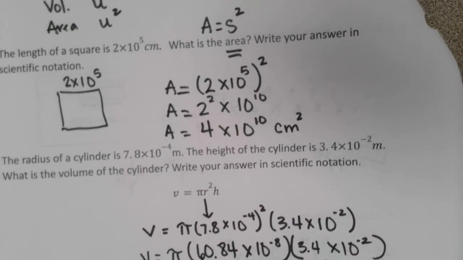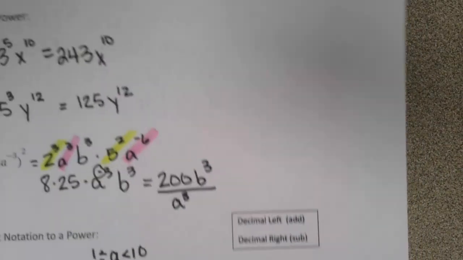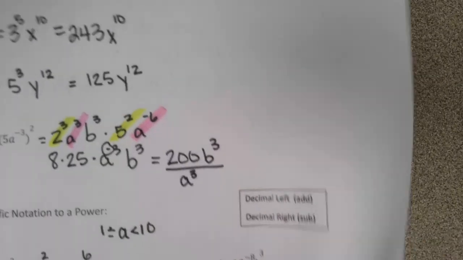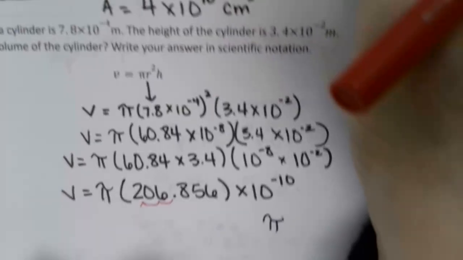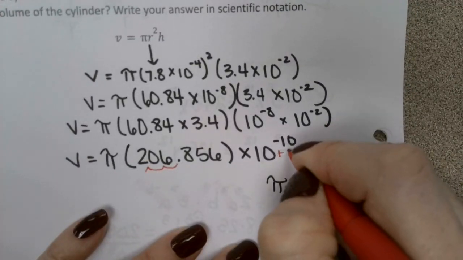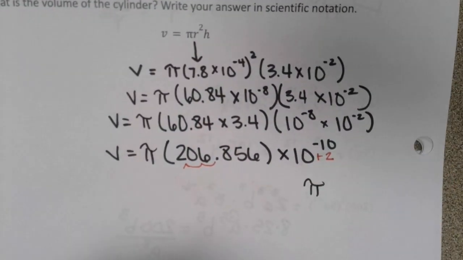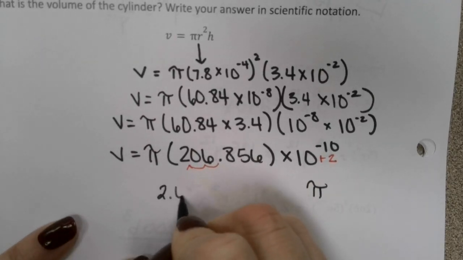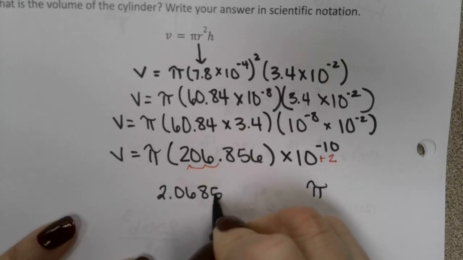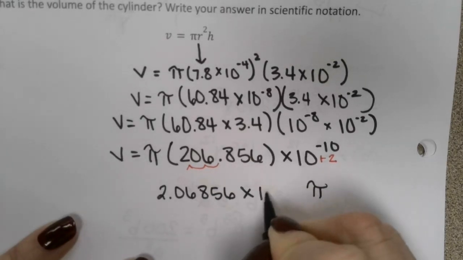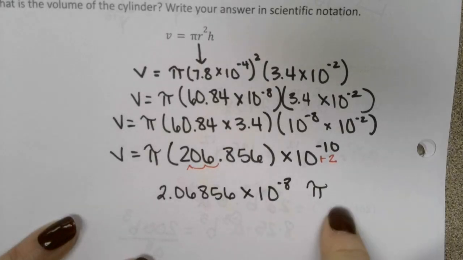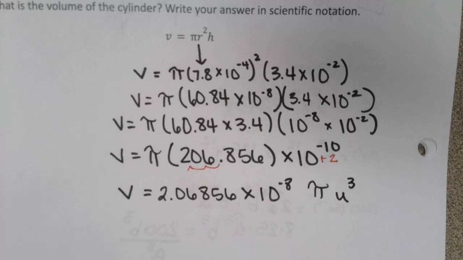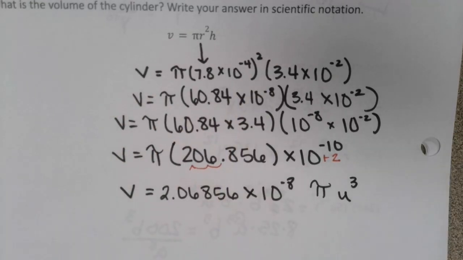And if you remember, and this is on every page of your notes, I believe, just to make it easier for you, when you move to the left, you add to your exponent. So then I would add 2 to negative 10, making it negative 8. So then this becomes 2.06856 times 10 to the negative 8 pi. And then I'd say units cubed, or in this case, meters cubed.